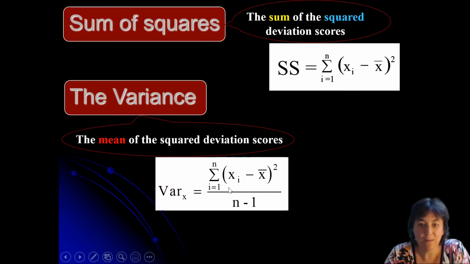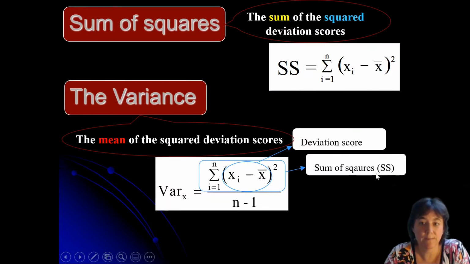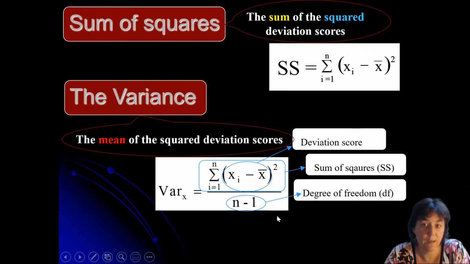So here we take the deviation scores, we sum that up, sum of squares, and we take this whole thing and divide it by what we call the degrees of freedom, n minus 1, the number of elements in our sample minus 1.